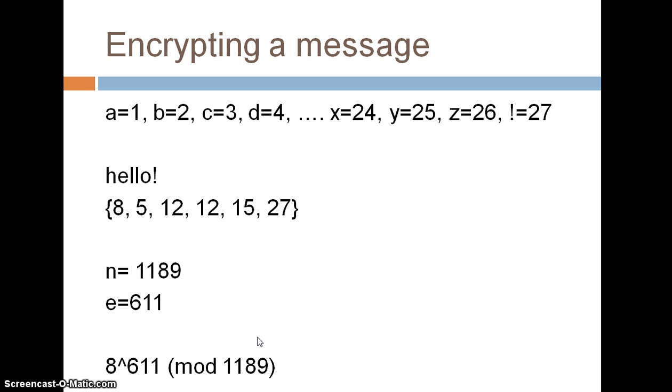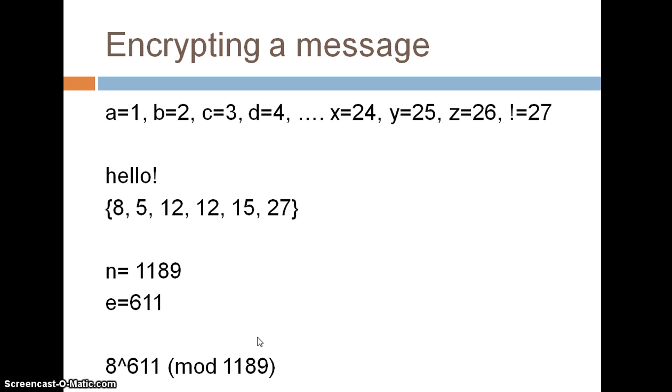I want to give you an example of what encrypting a message would be like. First of all, you need to change the letters to numbers. In my case, I'm just going to have A equal 1, B equal 2, and so on. But if you were actually going to do this, you would probably use ASCII, which converts each letter to binary to encrypt. But for this situation, I'm just going to do it this way.